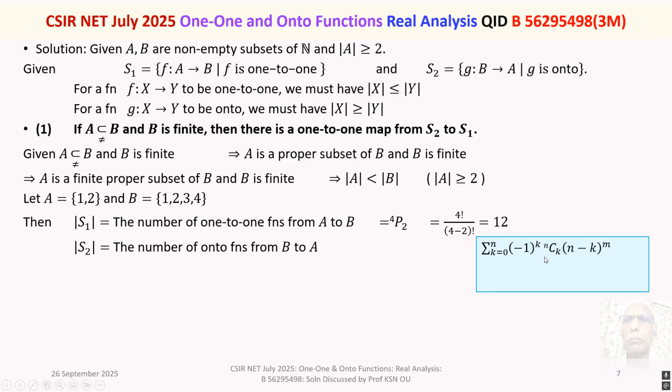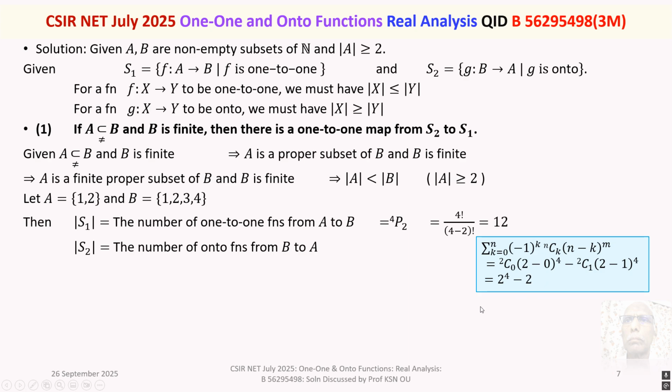In this case, n is 2, the cardinality of A, and m is 4, the cardinality of B. For k equal to 0: (-1)^0 is 1, 2C0 is 1, 2 minus 0 is 2, 2 to the power of 4.